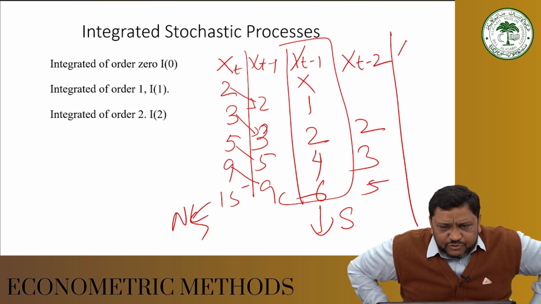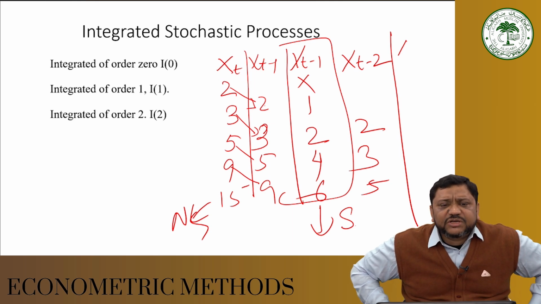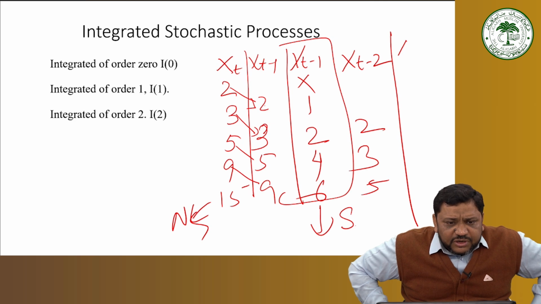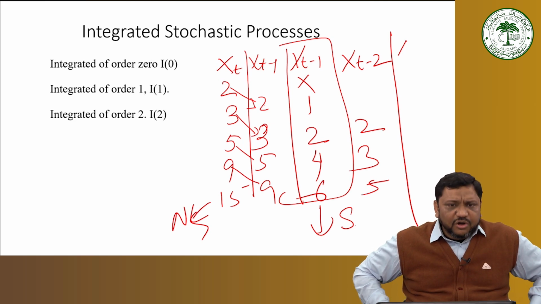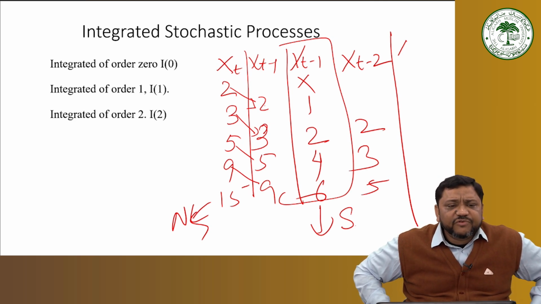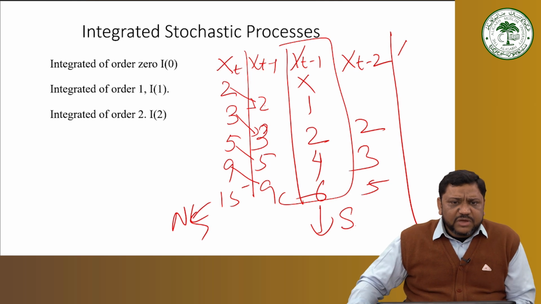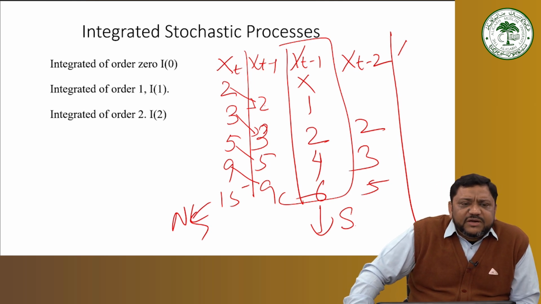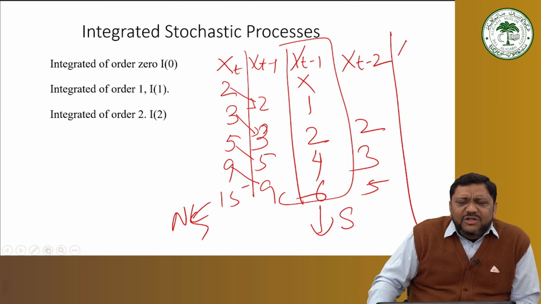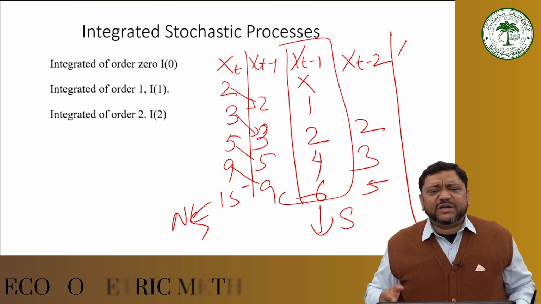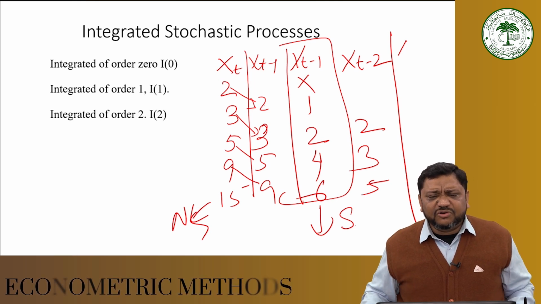So, if we have to do the differencing once to get a stationary series, we call it integrated of order 1. If we have to difference 2 times, or take 2 lags while differencing, we call it integrated of order 2, I2. And if the process is stationary at level, we call it integrated of order 0, that is I0.